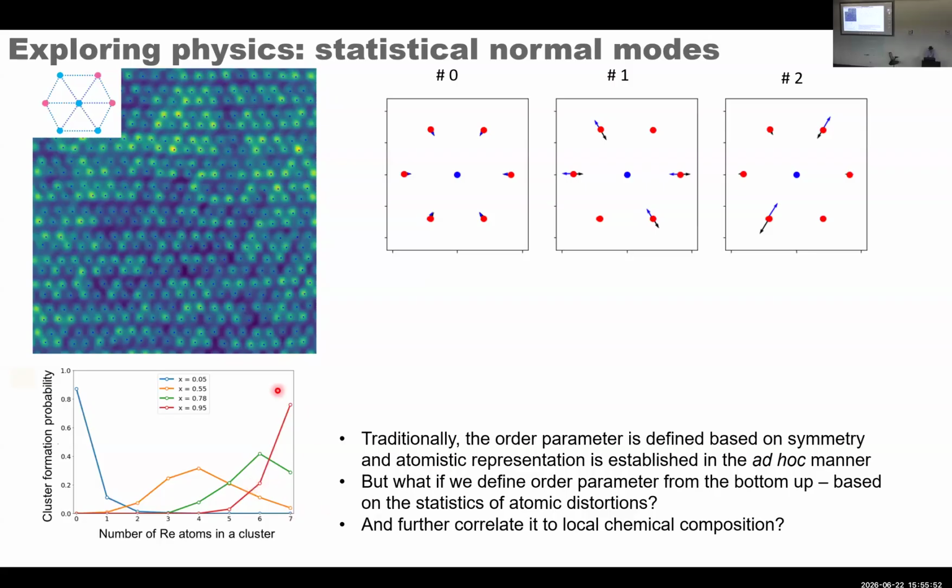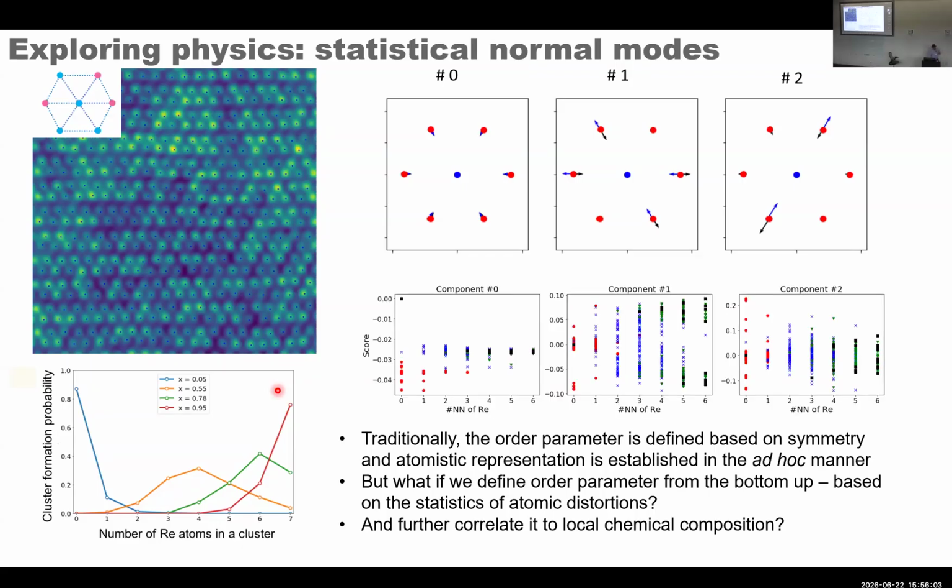And what turns out is that if I measure both the local rhenium atom concentration and the distortion of the lattice, I can plot how much the distortion depends on the local concentration. And this is absolutely amazing because you can see that this type of distortion mode does not depend on concentration. And this type of distortion mode also doesn't depend on concentration.